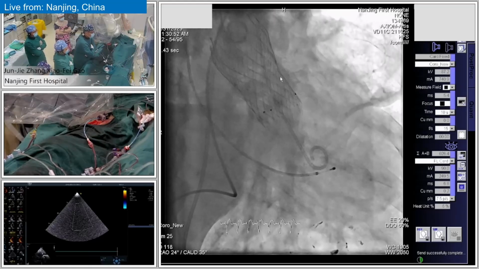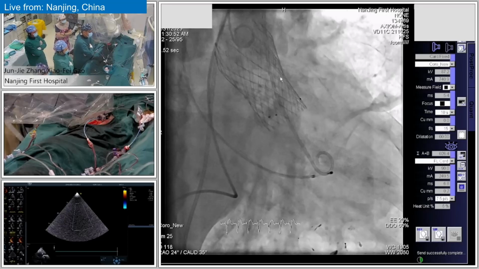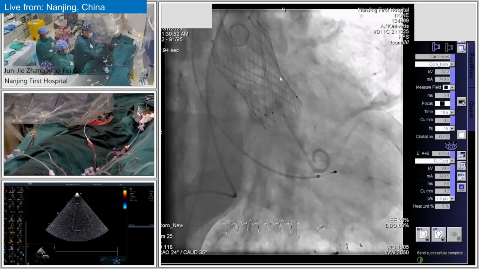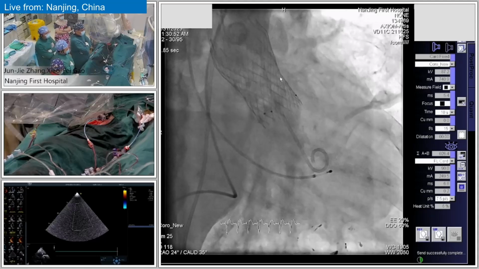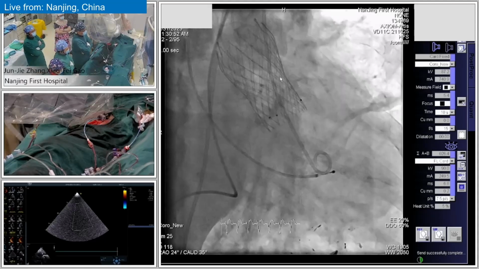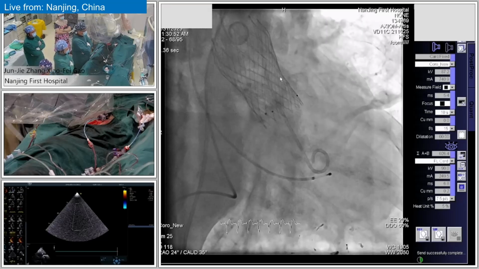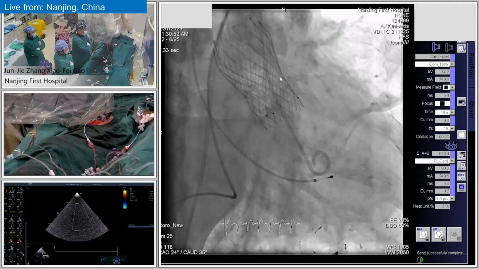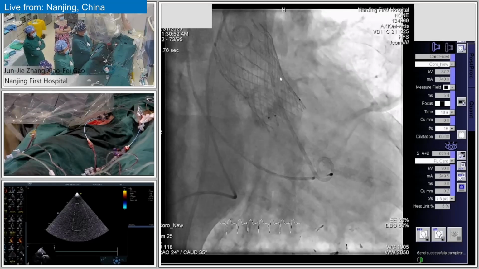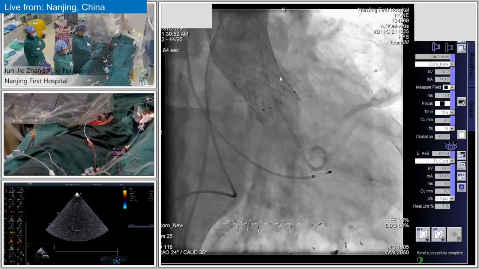The third question is what company designed the valve you used, and why do you choose that valve? I think the Venus-A valve is the first self-expanding valve approved in China. And this valve has a strong advantage, especially for BAV cases. The radial force is quite strong, especially for BAV with severe calcification.